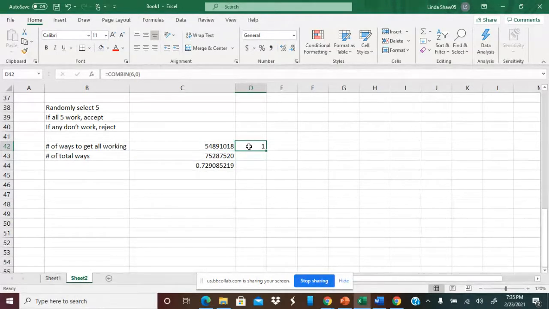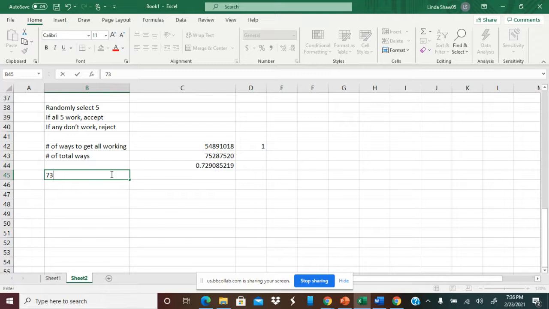When she goes over to this one, you'll see that is 6 choose 0. If you had 6 things, how many different ways could you choose 0 from it? There's only one way. You didn't pick any of them. And then in the denominator, she'll click there too, and that's 100 choose 5. You divide those two, and it's the 54 number divided by the 75, and you get almost 73%. So there's about a 73% chance that you're going to accept that shipment.